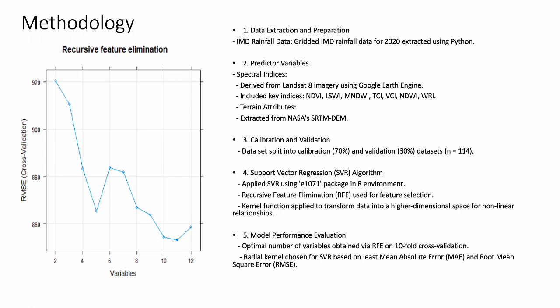The fourth step is to fine-tune the SVR algorithm, that is support vector regression. Here they have applied SVR using the e1071 package in the R environment as stated in the paper. After that, they used feature selection using RFE, that is recursive feature elimination. Then they selected a kernel function to transform data into a higher dimensional space for non-linear relationships.